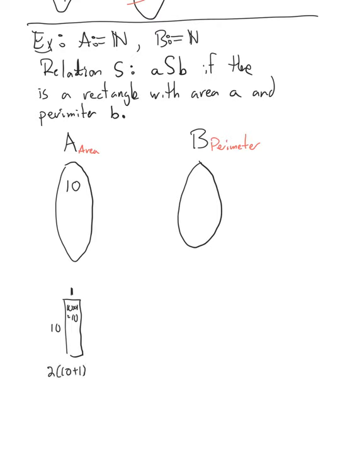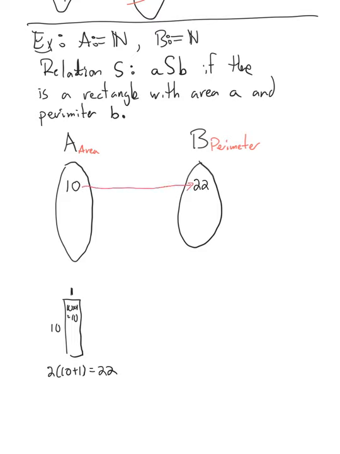So we have 2 sides of length 10 and 2 sides of length 1. So 10 plus 1 plus 10 plus 1. So 10 plus 1 times 2, which is 11 times 2, which is 22. So I know 10 is related to 22.